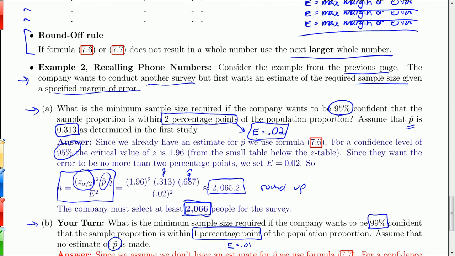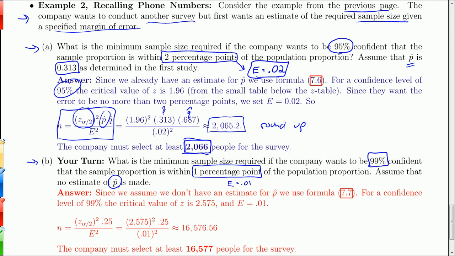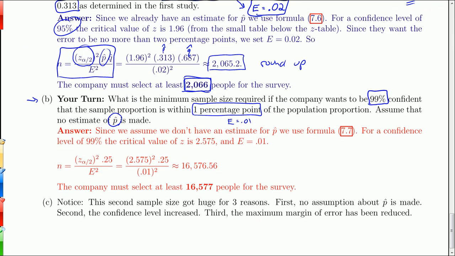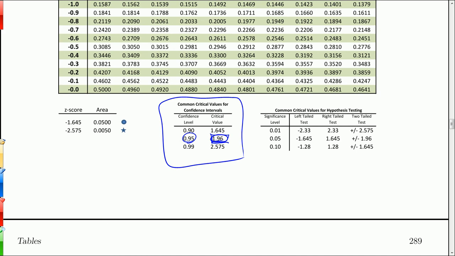And since I don't know what p hat is, I'm going to use this second formula, right? Where the p hat times q hat gets replaced with the 0.25. All right, so z sub alpha over 2, this is the 99% confidence level. So I go to that little table, 99% confidence level.